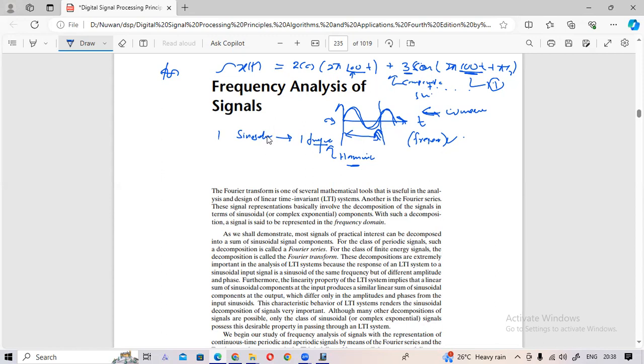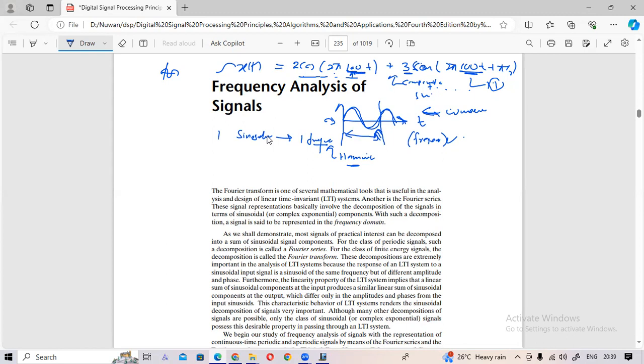Please see the lectures on sampling, where I also explained this. If we add two or more sinusoidal signals with the same frequency, again we get a sinusoidal signal. That means that signal has only one frequency component.